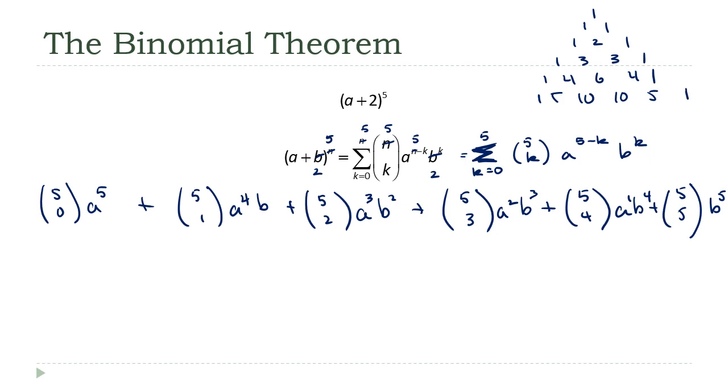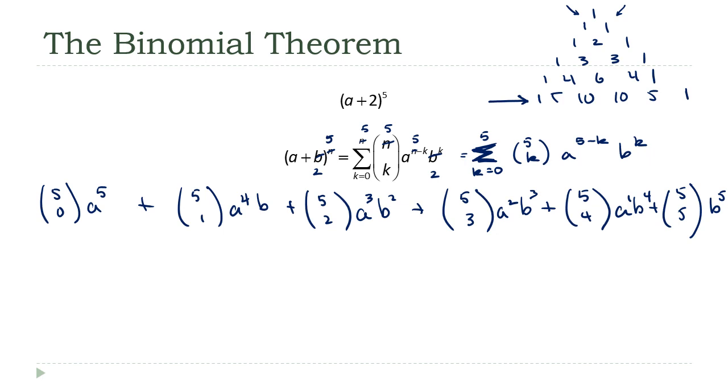Now, you remember back when we talked about Pascal's triangle, I made a special point of pointing out that this diagonal here is 1, 2, 3, 4, 5, and this diagonal here is also 1, 2, 3, 4, 5. The reason I did that is that it makes it a really quick and easy way to tell which row you need. If you're doing something plus something to the 5th, you need the row that has a 5 in that second position.